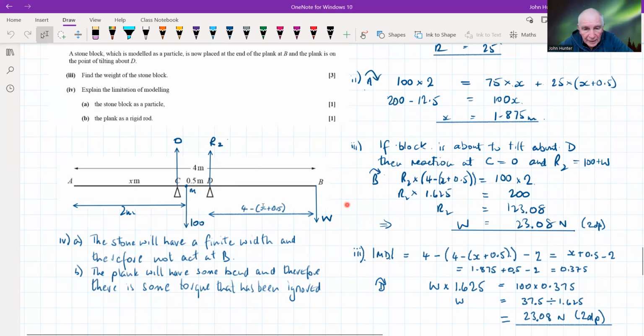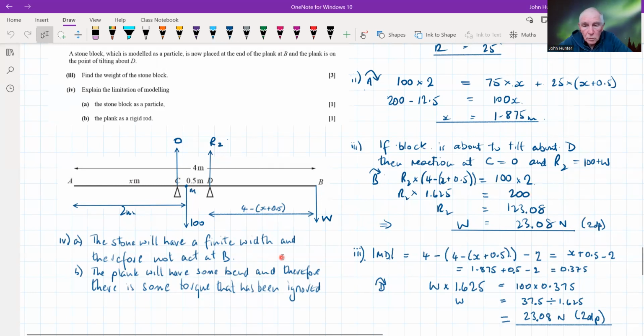Because we know X, that actually is 1.625 meters. And then the anti-clockwise, we've got 100 newtons acting 2 meters from B. Again, it's in the middle, isn't it? So we've got a nice equation in R2 there, which we can solve to give us 23.08 newtons to 2 decimal places. So if you're rounding, don't forget to put your accuracy in.